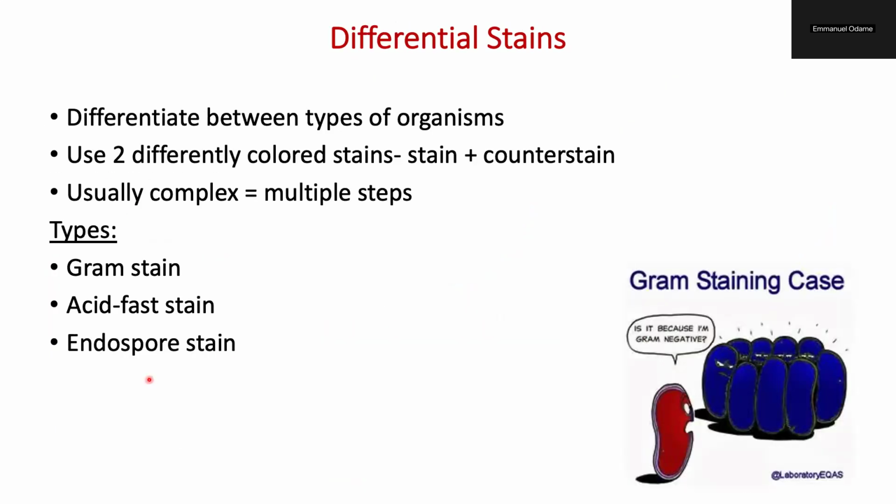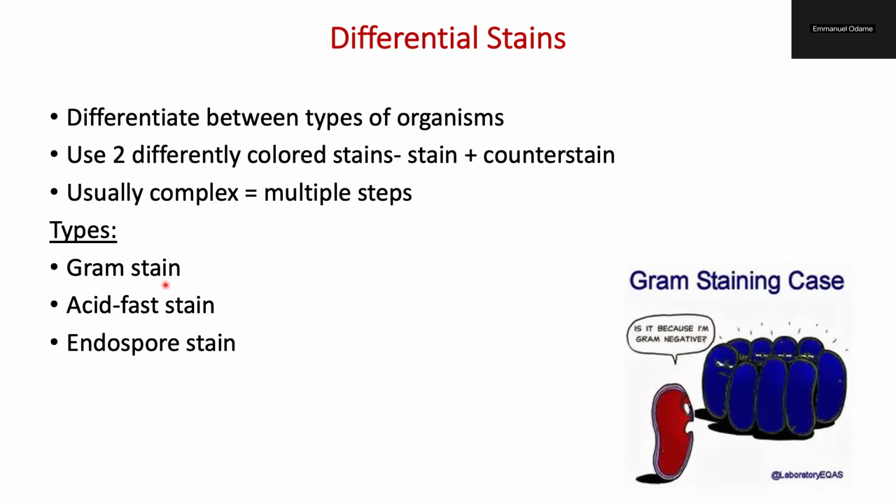And then we have the differential stains. With a differential stain, you're trying to stain two types of organism, and you use two different color stains for this. It is usually complex and involves multiple steps. Some types of differential stains include the gram stain. The gram stain is used to distinguish gram positive bacteria from gram negative bacteria.